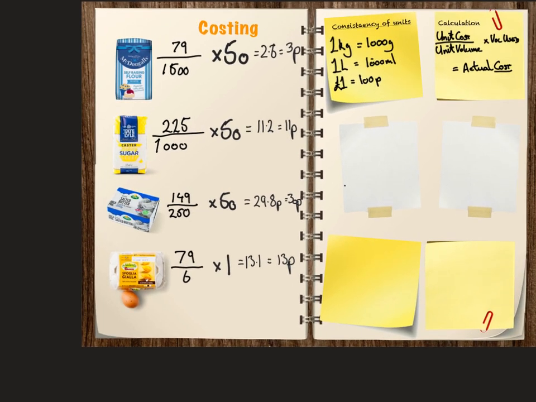Now we're going to add them all up together, which becomes 57 pence. Now that's 57 pence to make 6. We want to know how much it cost to make 1.